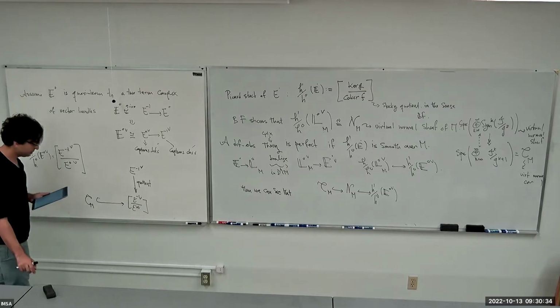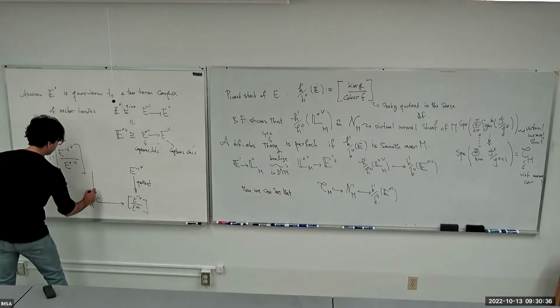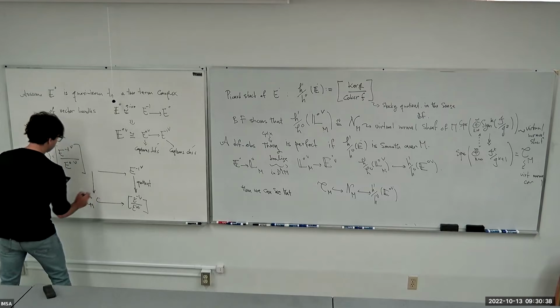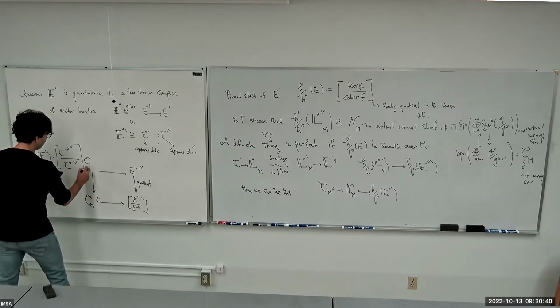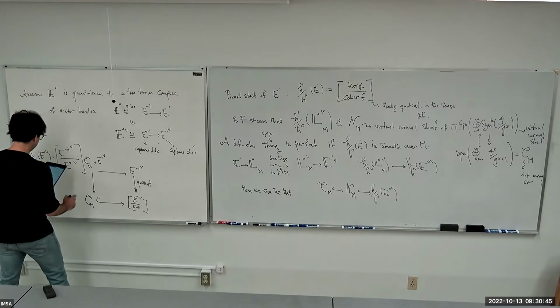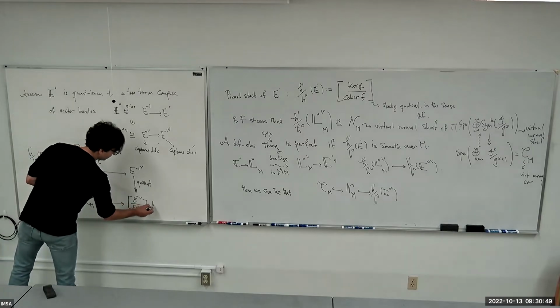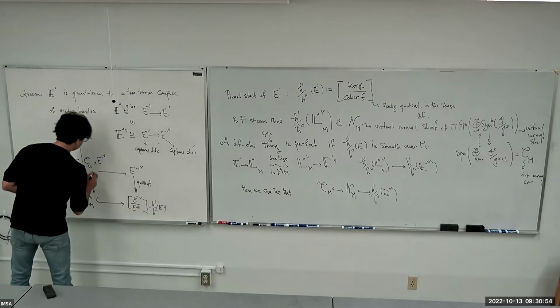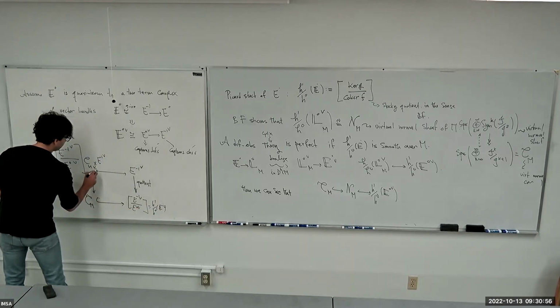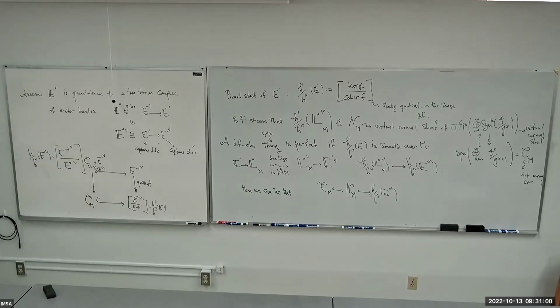So what you can do is you can take the fiber product of these two things. So this would be the cone of M times E minus 1 dual over the Picard stack. This is the Picard stack. So this is H1 over H0 of E dot dual. Okay.